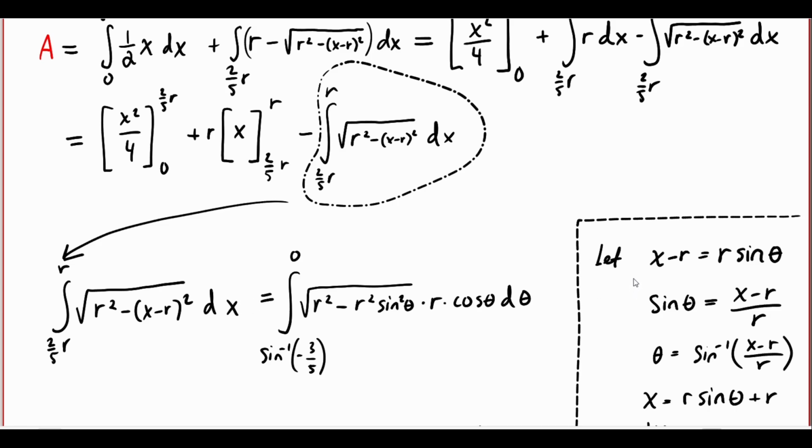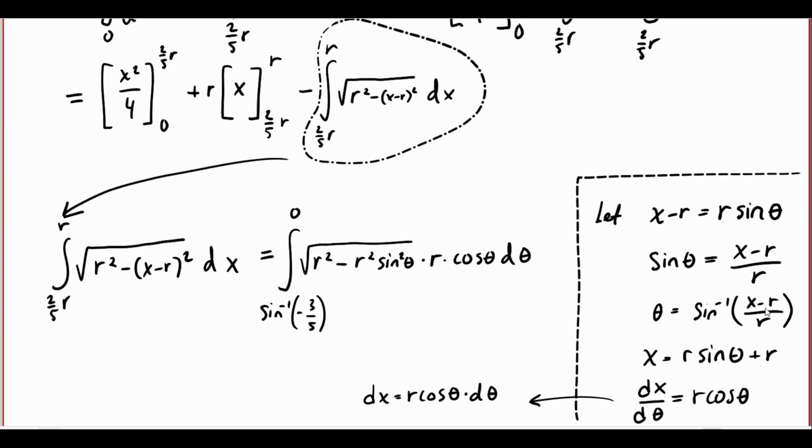So we have x minus r equals r times sine of an angle, so sine theta equals x minus r divided by r. And then we can solve for theta: theta equals the inverse sine, so arc sine, of x minus r divided by r.